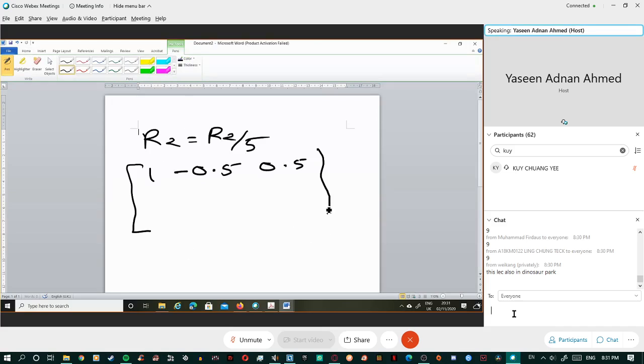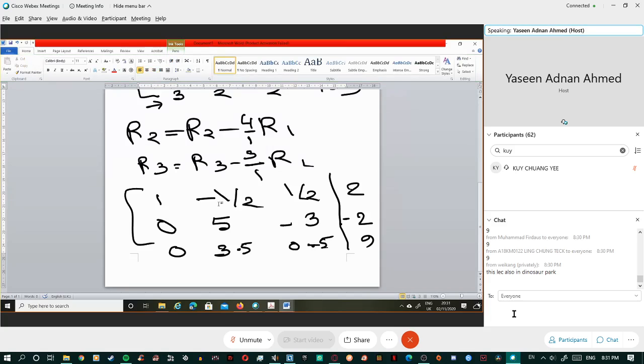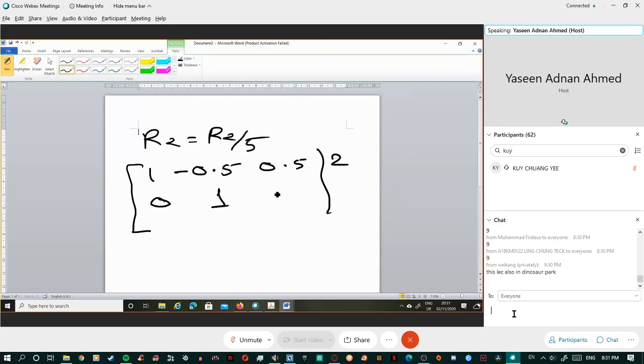0.5. This is 2, 2. This is 2. In this case, you will have 0, of course, and this should be 1. This one should be minus 3 by 5, minus 2 by 5. Which one? 3 by 5.